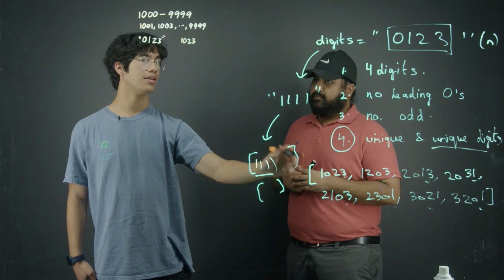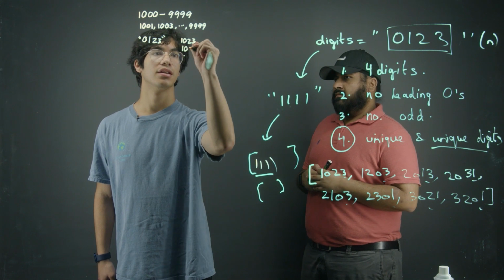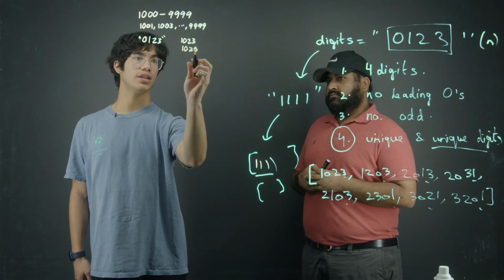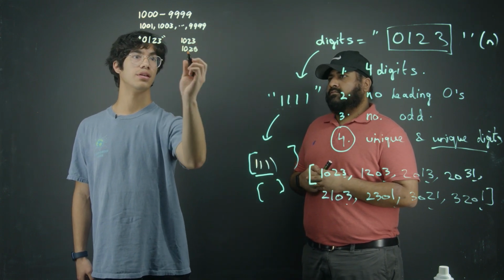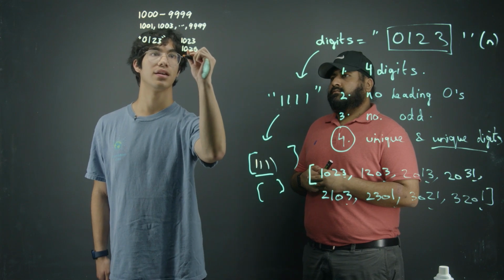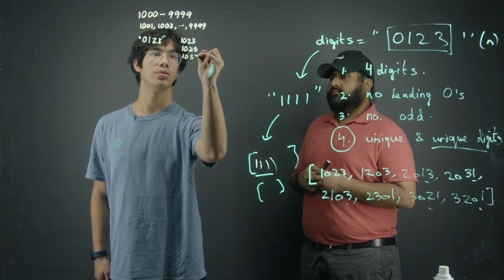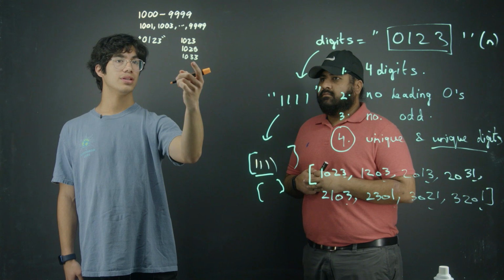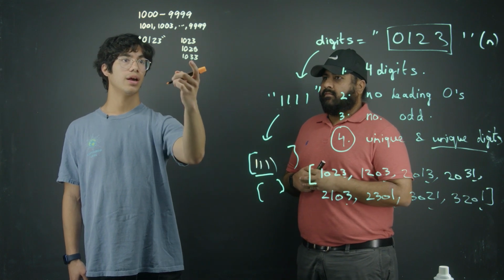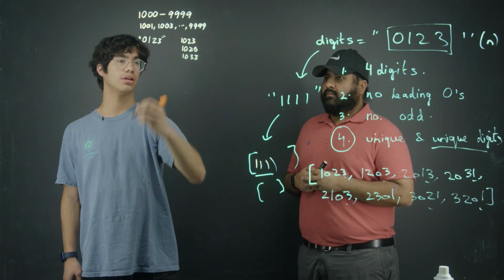So we would add that. But if we stumbled upon 1025, we would see that 5 is not in there. And then if we also had something like 1033, we would see that 3 is in there, but we have 2 3s and there's only 1 3.